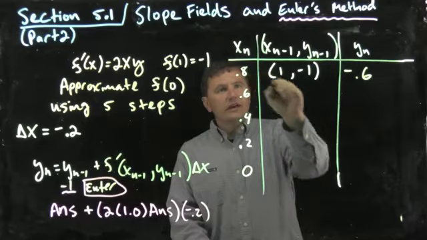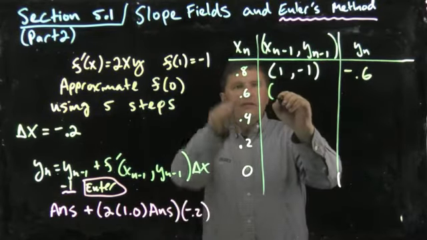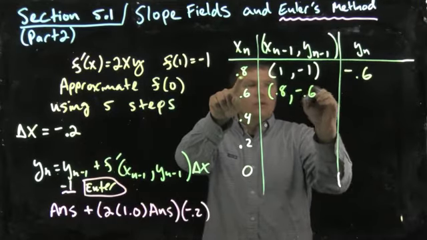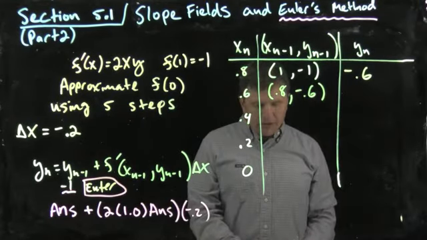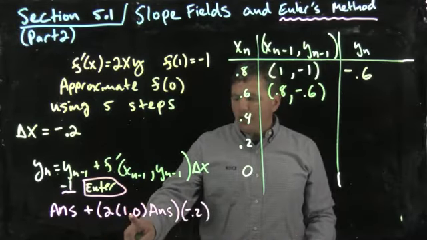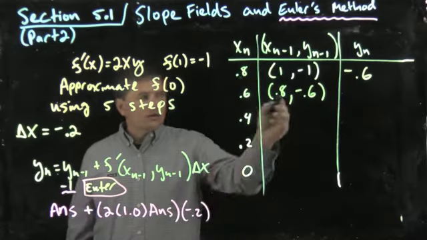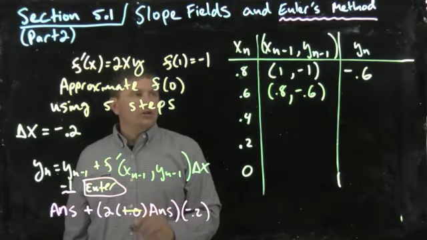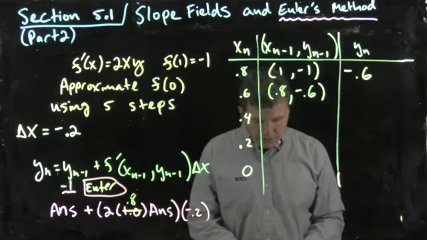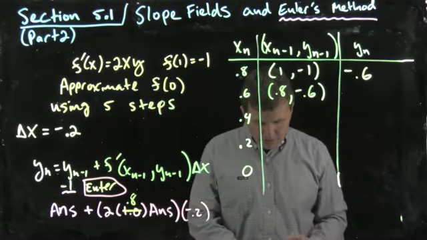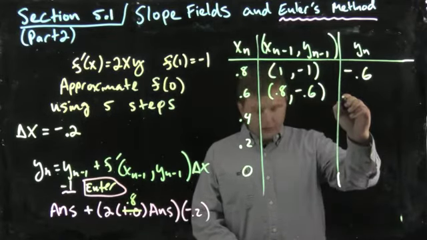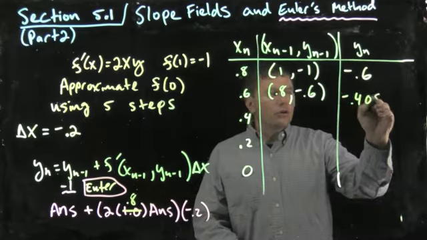Once again, it's a recursive process, so we take the values from the row ahead: 0.8, negative 0.6. In my calculator, I hit second entry to bring that back up. All I have to change is this right here: instead of 1, I change that to 0.8. Everything else will take care of itself. That gives us negative 0.408.